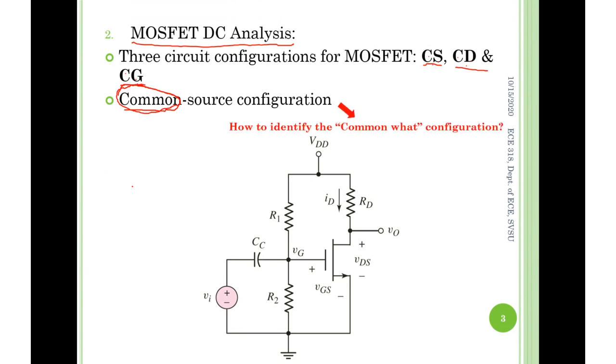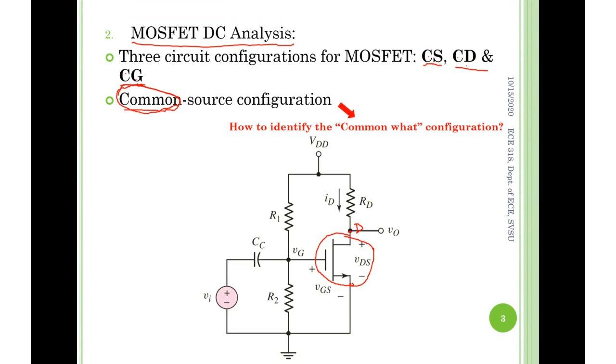You need to understand how to identify this common circuit. So listen carefully. Common means this. Look at this particular MOSFET circuit here, and we can tell this terminal is the drain.